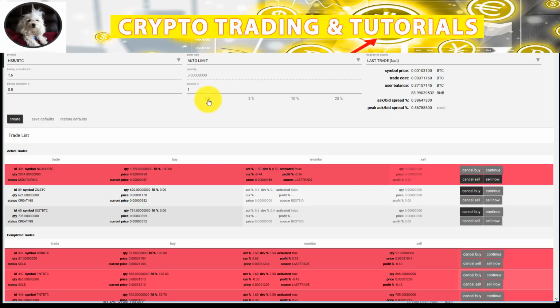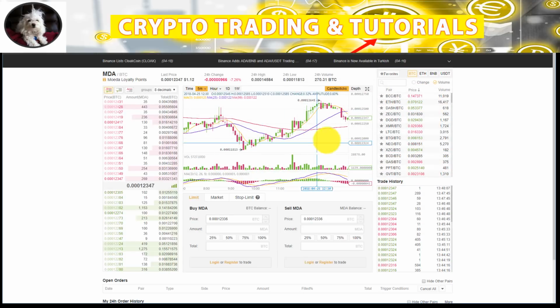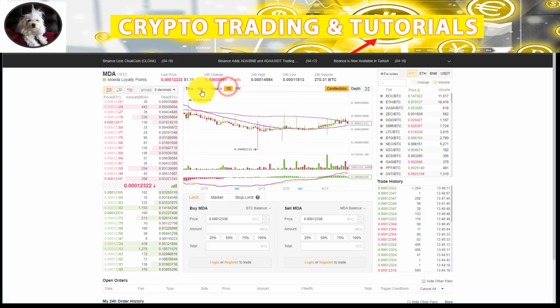So if you see this and say, hey, I want to know how you use this tool, leave a comment below, and maybe I'll cover exactly how to set up this tool and the deviations and everything else that I think is working best, okay? So you could enter a trade right away on MDA, and then go and do all this analysis and maybe enter a larger position, right?